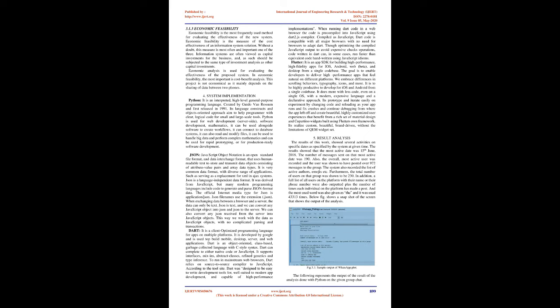It is a very common data format, with a diverse range of applications, such as serving as a replacement for XML in AJAX systems. JSON is a language-independent data format. It was derived from JavaScript, but many modern programming languages include code to generate and parse JSON format data. The official Internet media type for JSON is application/json.